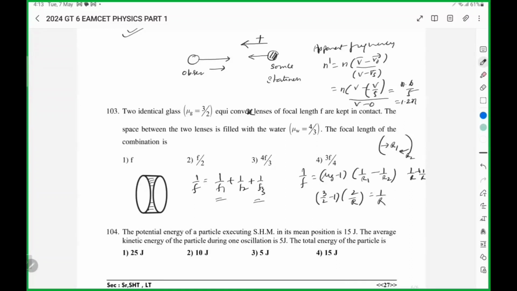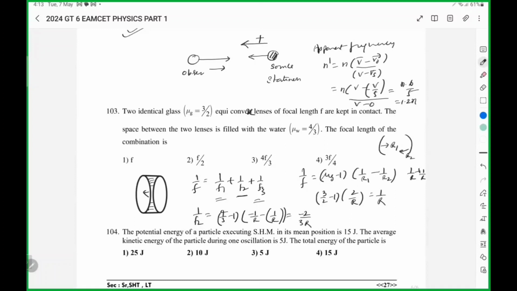So regarding f2, 1 by f2 is (mu liquid minus 1) times the curvatures. Mu liquid here is 4 by 3 minus 1, which is 1 by 3, times minus 2 by R, giving minus 2 by 3R.